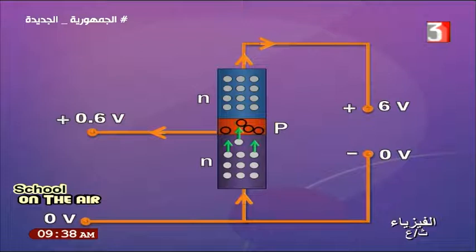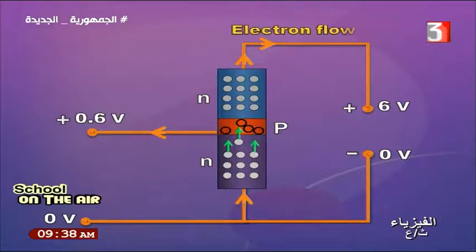Some electrons from the emitter neutralize some holes, and we get a stop of flow. But when the base is connected to the positive, what happens? The positive terminal will extract electrons from the holes, and this will give the rest of the electrons the chance to move, to pass the base into the collector. And never forget, emitter current is equal to base current plus collector current.